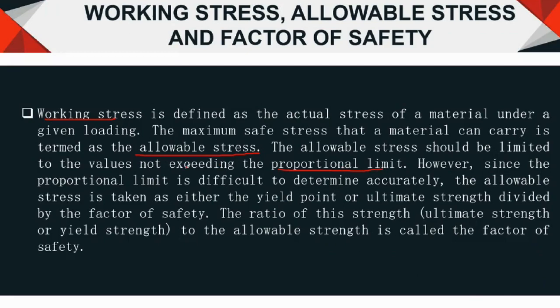However, since the proportional limit is difficult to determine accurately, yung allowable stress natin is taken as either the yield point or ultimate strength, divided by the factor of safety. Di ba nabanggit ko kanina, madalas, ang ginagamit sa design is yung pinaka-ultimate strength natin. And then, the ratio of this strength, ultimate strength or yield strength, to the allowable strength is yung tinatawag nating factor of safety. Doon mo malalaman kung safe ba yung ating structure o hindi.